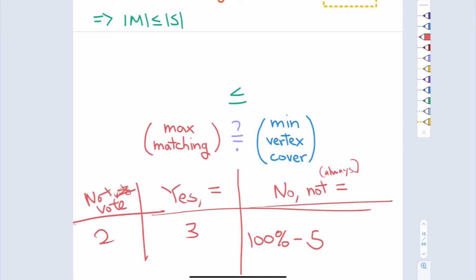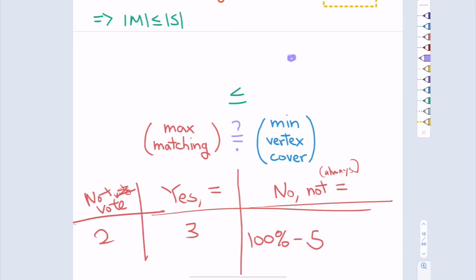Who can think of then a counterexample or some simple graph where the size of a maximum matching does not equal the size of a minimum vertex cover? Oh, okay. I guess that's even simpler than I thought.